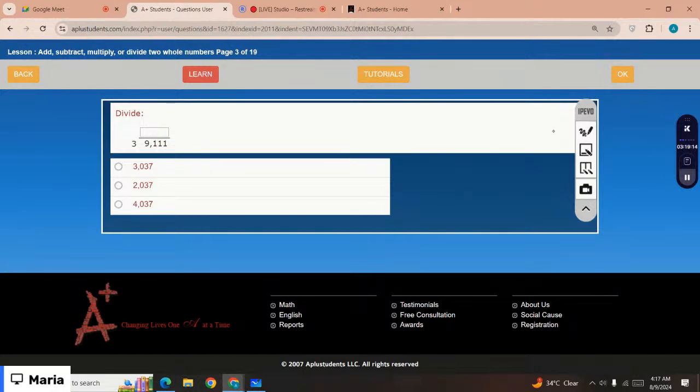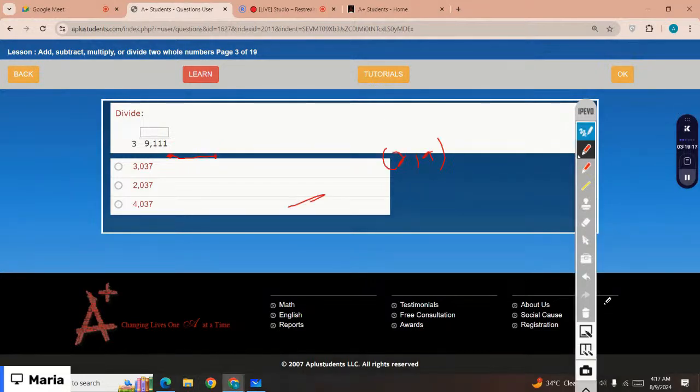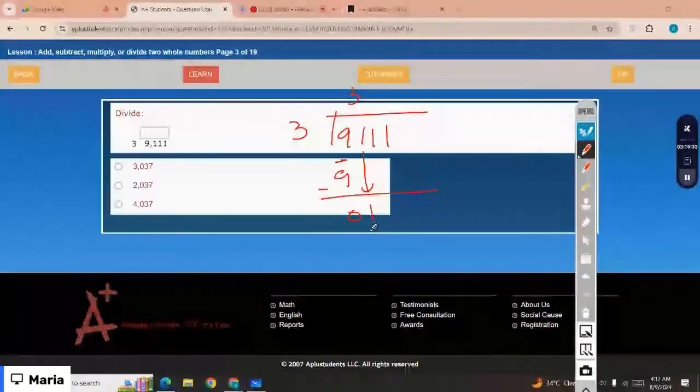Let me just divide, right? You need to divide using the long division method. So let me explain how. You need to count the table of 3 until 9. So 3 times 3 is 9, right? 9 minus 9 is 0. The next digit down, 1. 1 is less than 3, right? You need to bring another digit down.